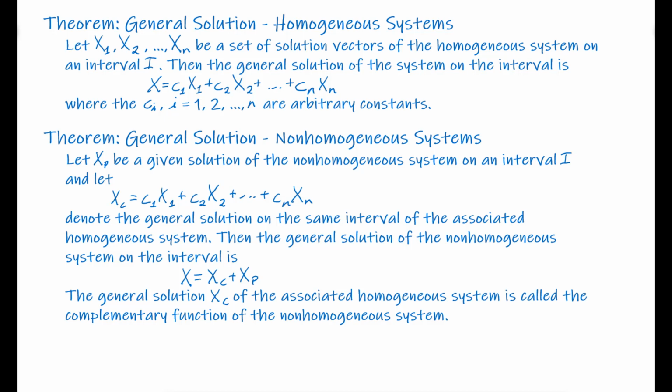And the general solution for the non-homogeneous system is going to be Xc plus Xp, where Xc is the general solution to the associated homogeneous system, and Xp is some particular solution of the non-homogeneous system.